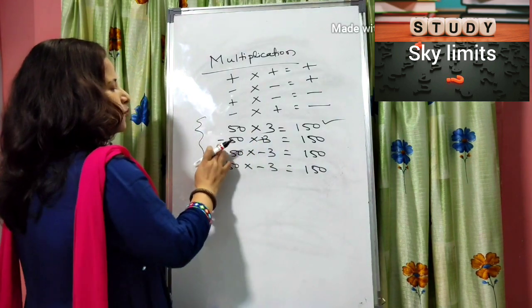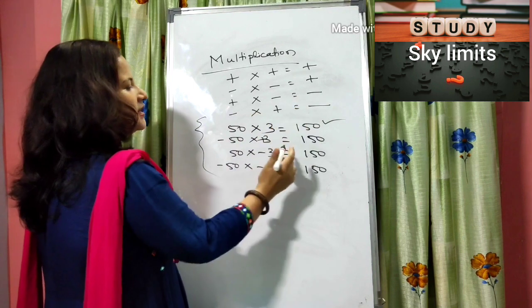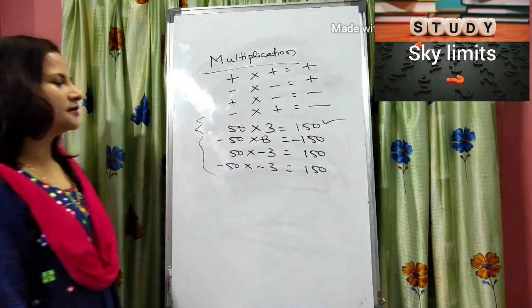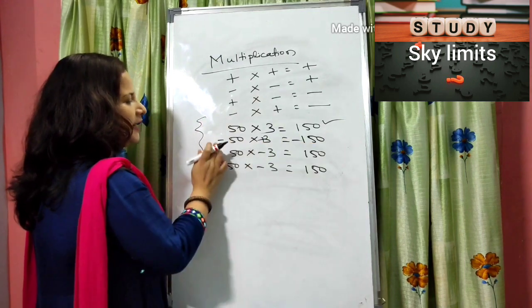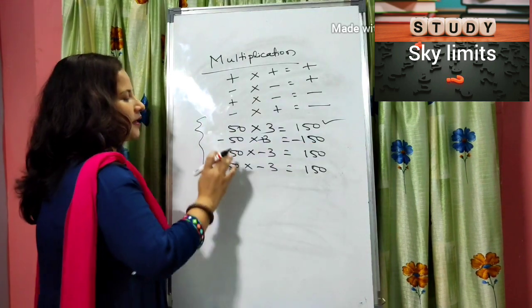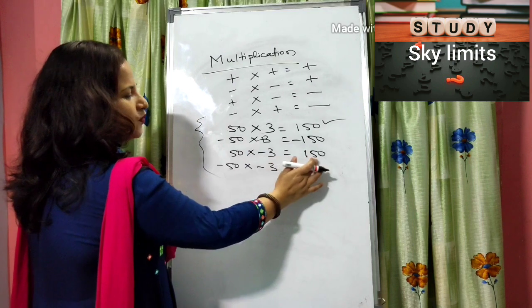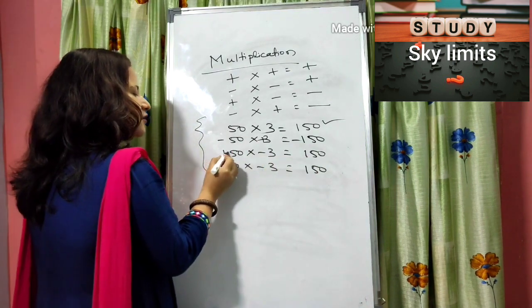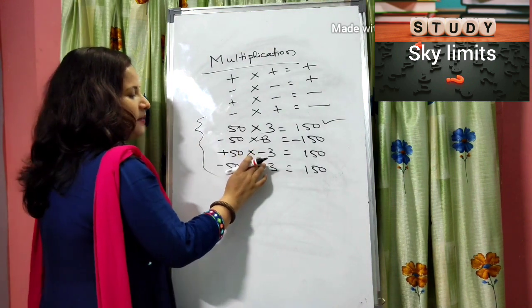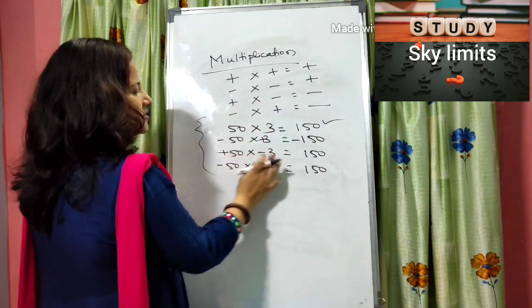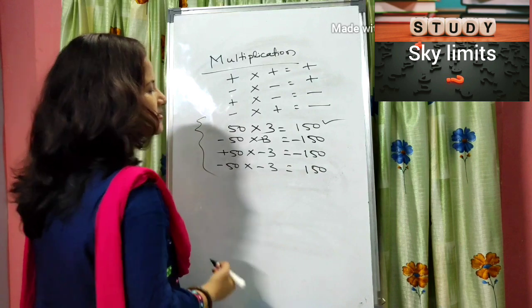So minus multiplied to plus will always give us a minus. First multiply the number, then multiply the sign. 50 multiplied to 3 is 150. 50 is carrying no sign, that means it is carrying plus sign. 3 is carrying minus sign. So plus multiplied to minus will give us again minus.